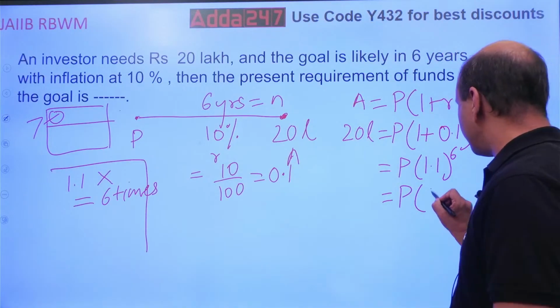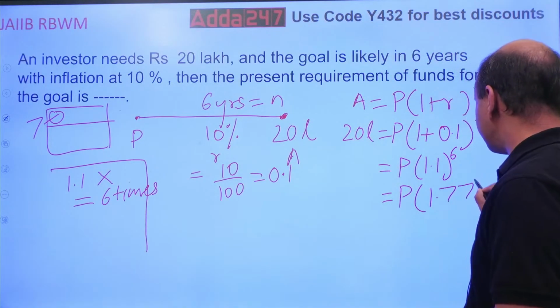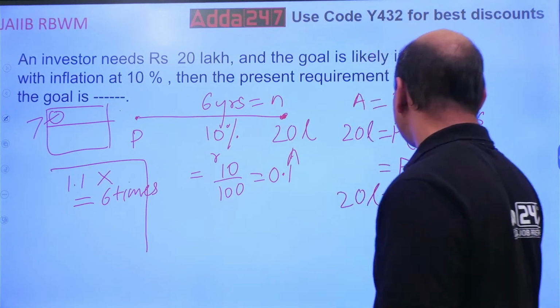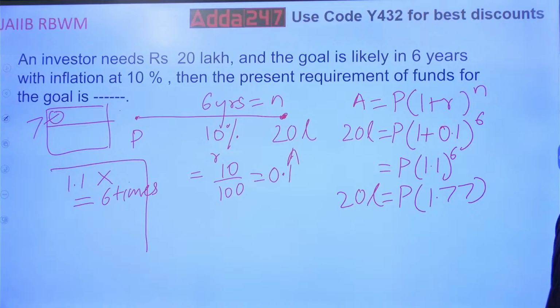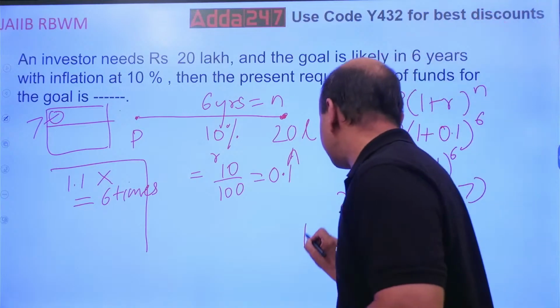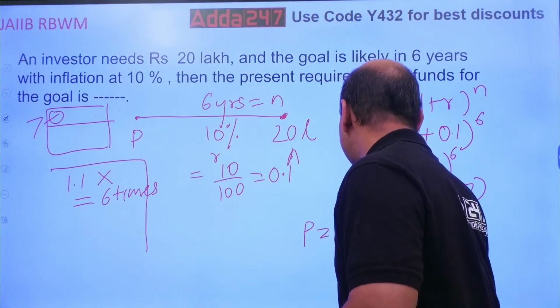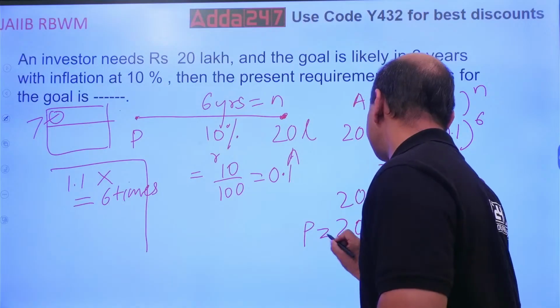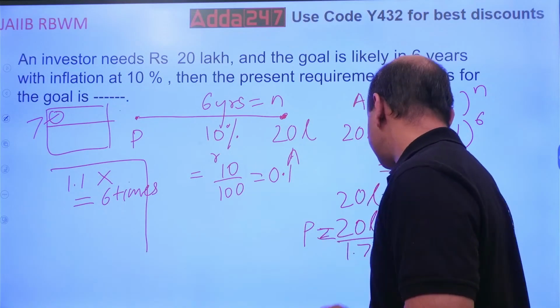Are you getting it? So 20 lakhs equals P into 1.77. Now next, find out P. So P equals 20 lakhs divided by 1.77.